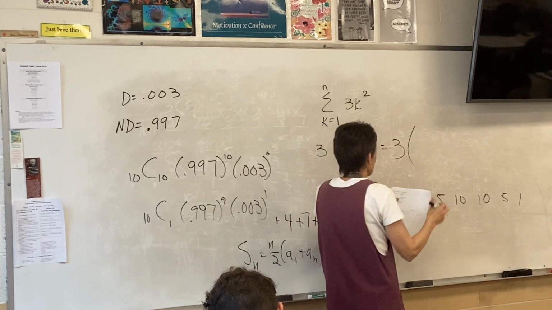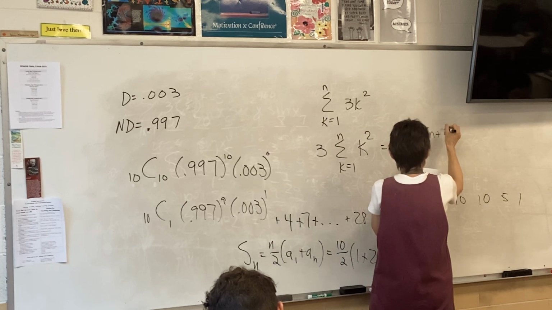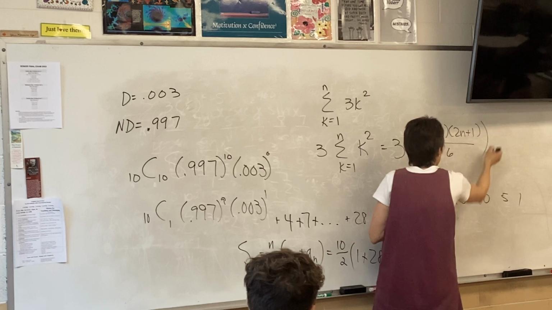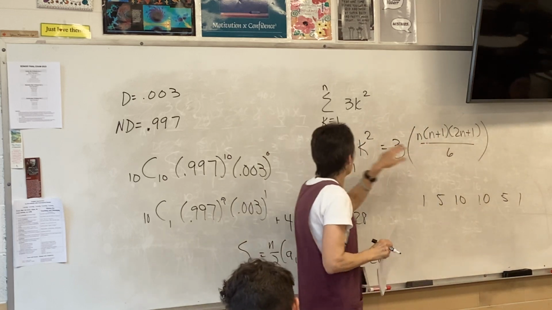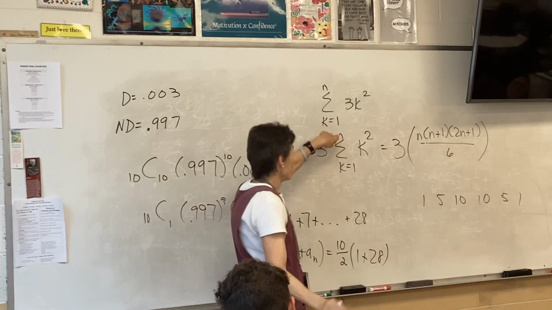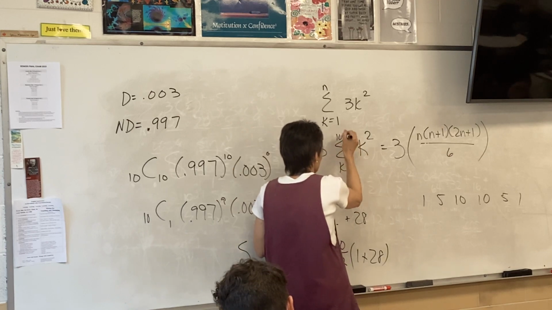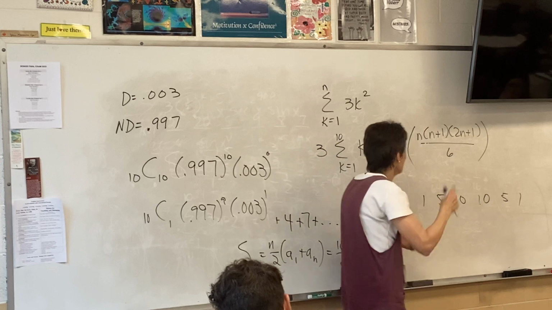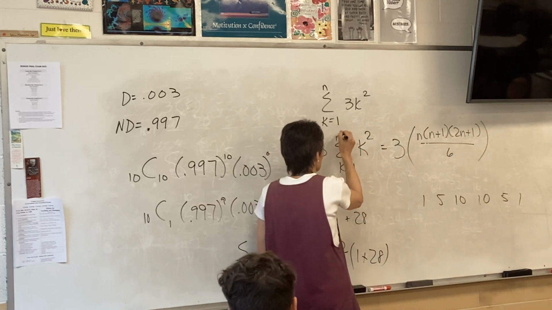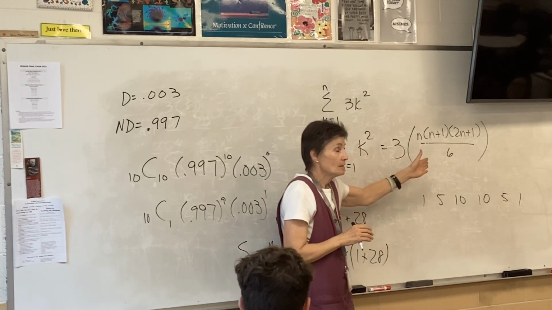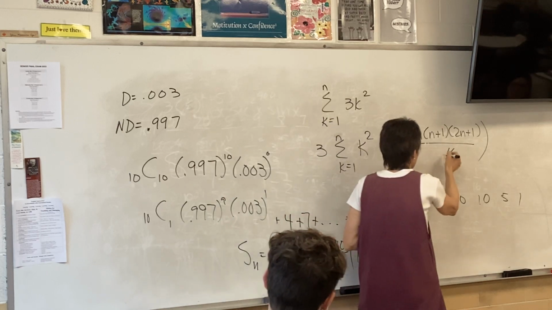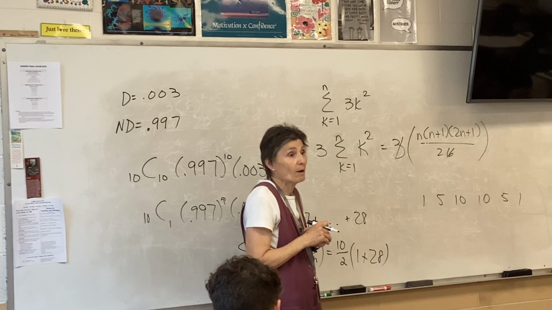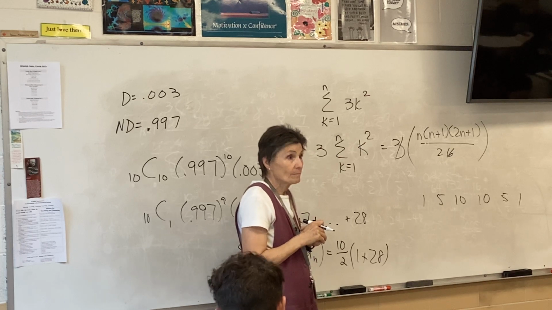On my sheet, it says n times n plus 1, times 2n plus 1, over 6. And remember, n is this number right here. So if this were a 10, then this would be 10, 11, and 21. Since it's an n, I just have to leave it in. So the 3 will cancel this and make it a 2. And that's pretty much all I can do, other than FOIL it out. Okay?